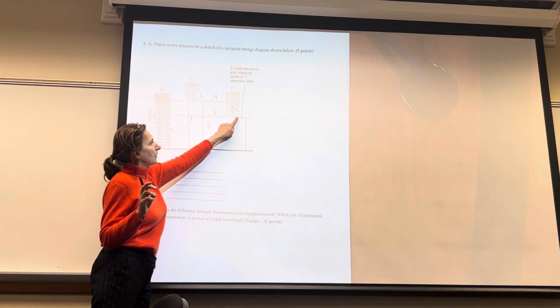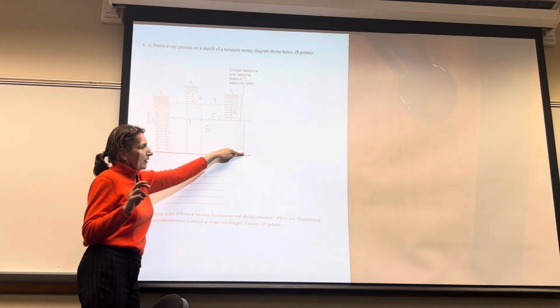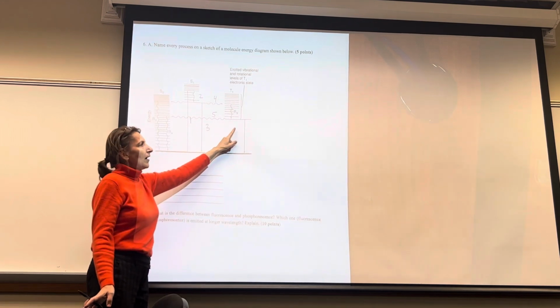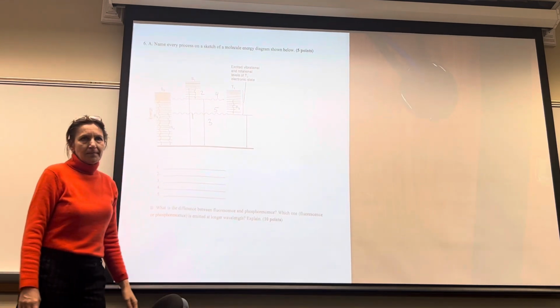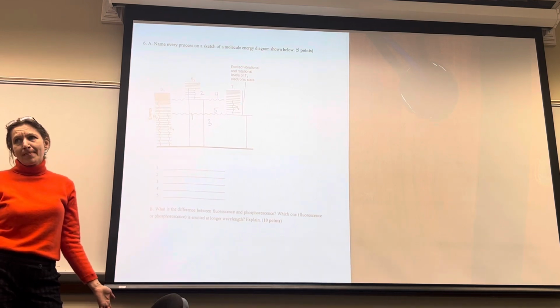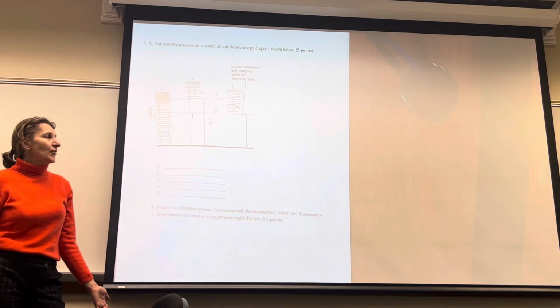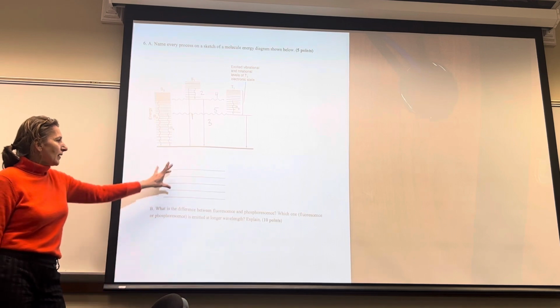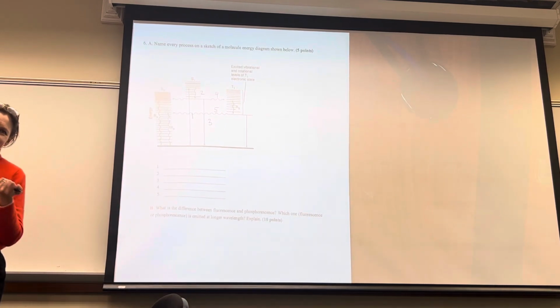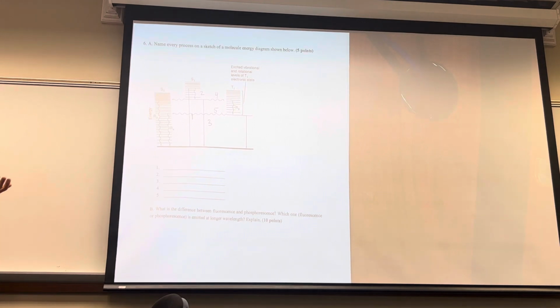If we were still here and we go down like this, it's phosphorescence, a photon is emitted here. Good? All right, very nice. So I guess you can name them now. You need to know all of them. Okay, I don't know if I give you that or not, but you have to know.